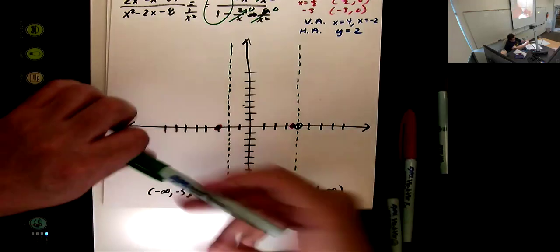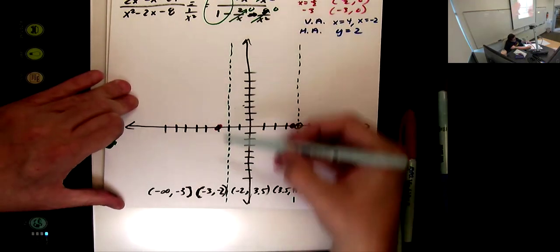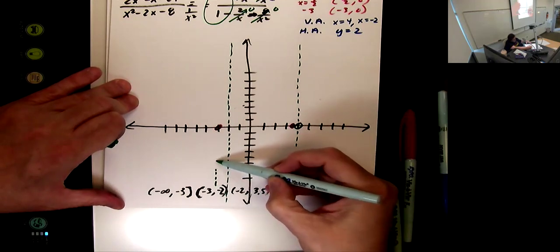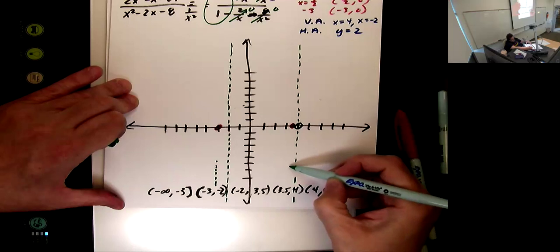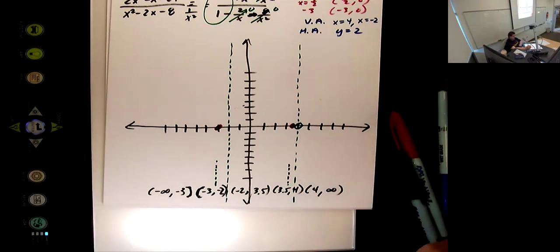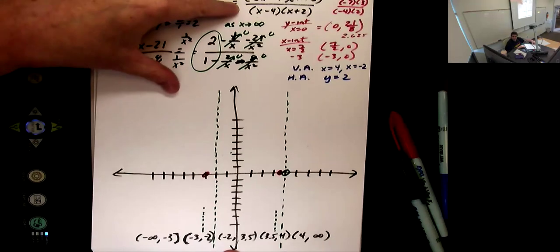So we need to check right here. Even though there's no asymptote there, that's where we have an intercept. And we gotta check right there. I'm gonna plug them into this.